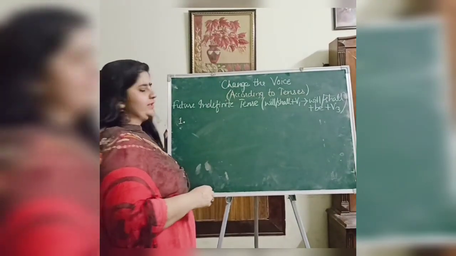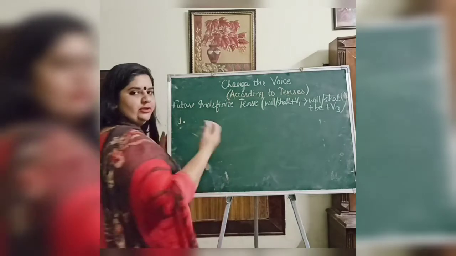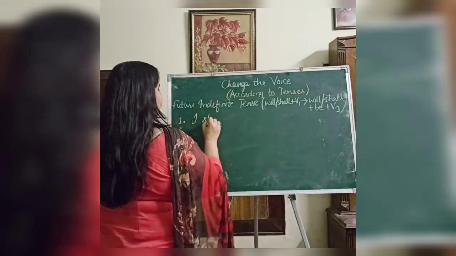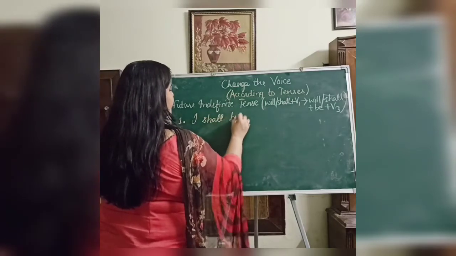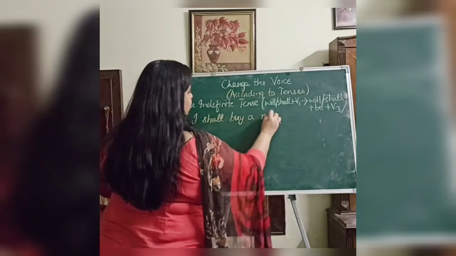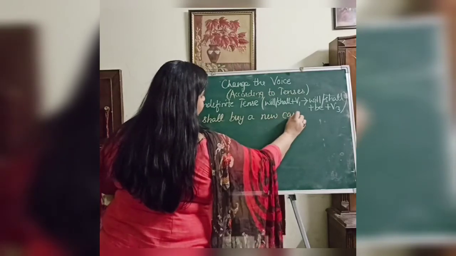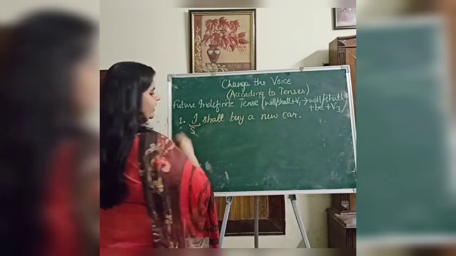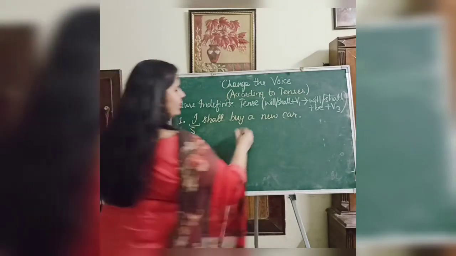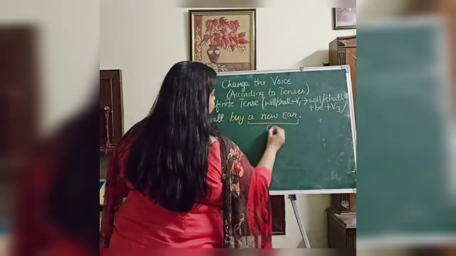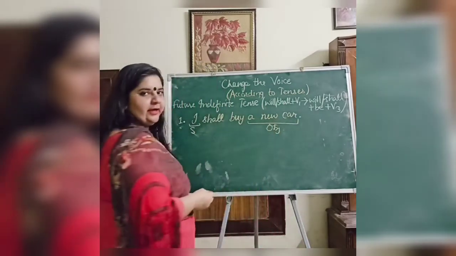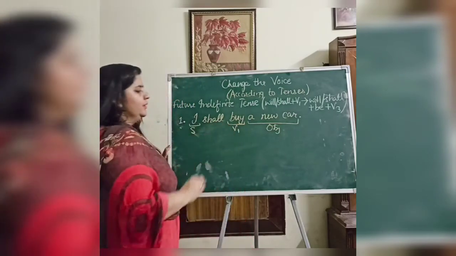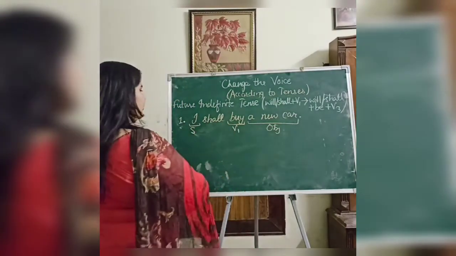Future indefinite tense. In this case, will or shall is used. All of you know. So, I shall buy a new car. Find out the subject. I. Object. A new car. And verb. Buy. Now, we'll change it into passive.